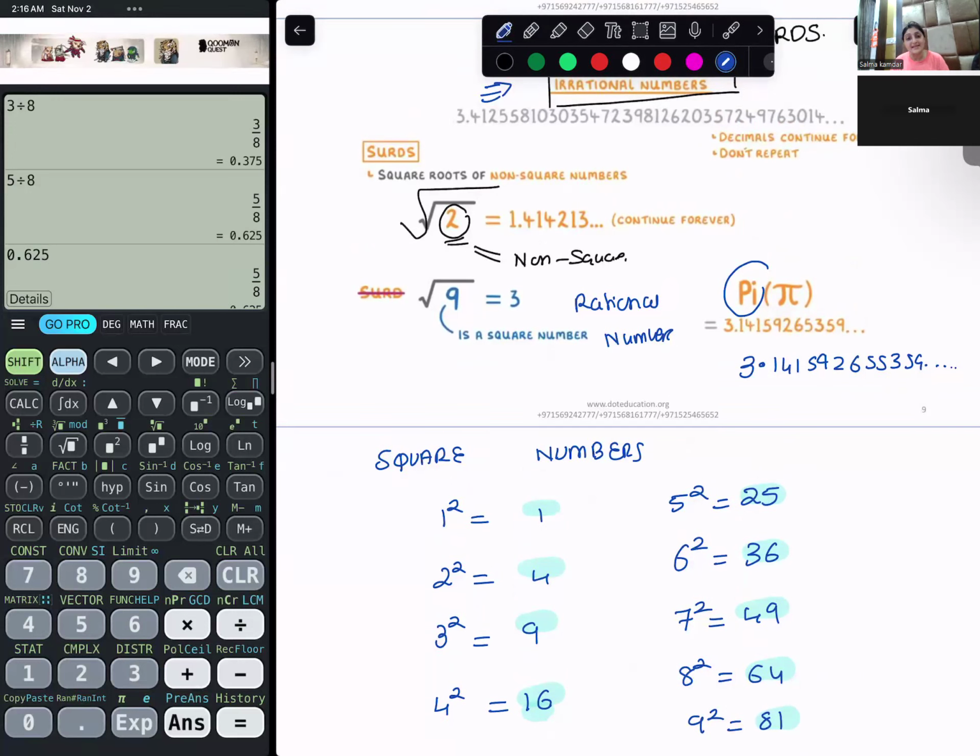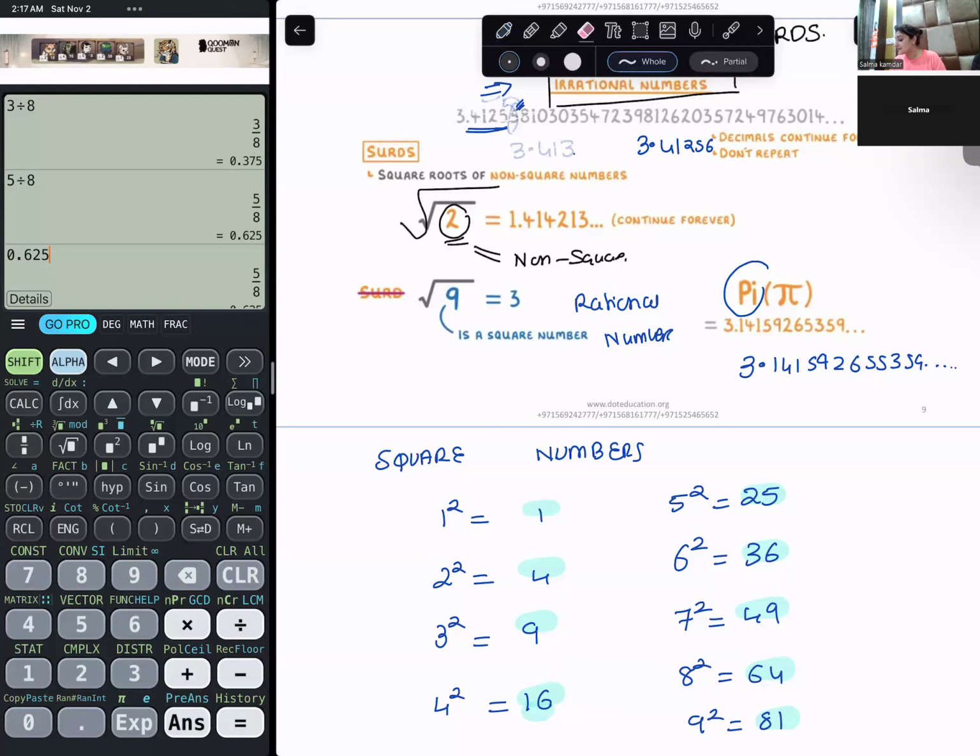And the way to write an irrational number is that you will always have to round it off. If the digit after the one you are rounding to is more than 5, you just add 1 to the previous digit.